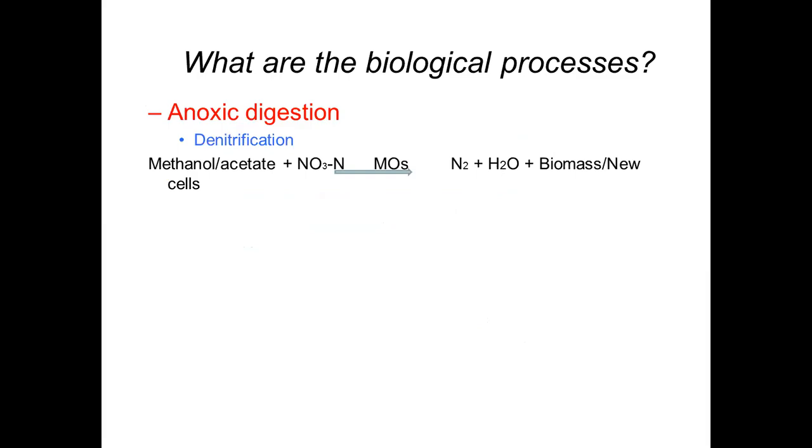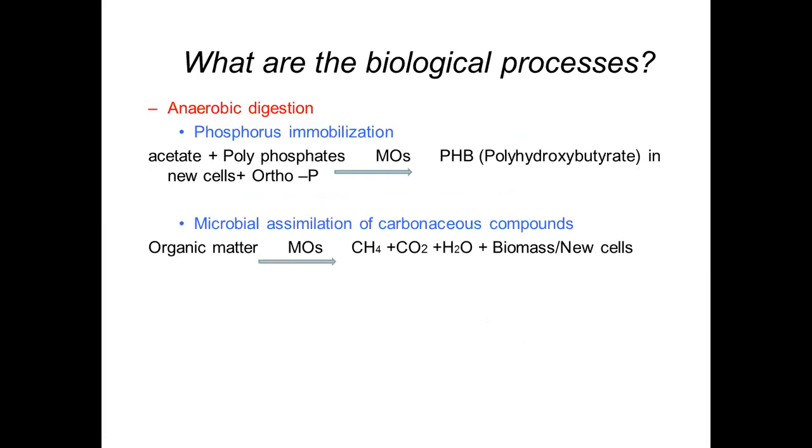Then there's another process called denitrification. It is an anoxic digestion. Anoxic means denitrification. Here the nitrate is converted to nitrogen by the microorganisms. Then anaerobic digestion.